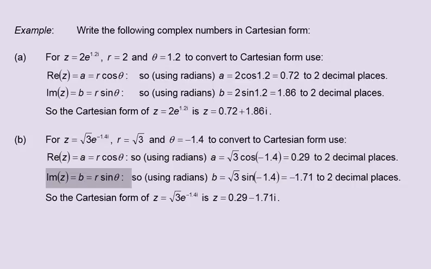The imaginary part b equals r multiplied by the sine of theta. So b equals the square root of 3 multiplied by the sine of minus 1.4, which equals minus 1.71 to 2 decimal places. So, the Cartesian form is z equals 0.29 minus 1.71i.